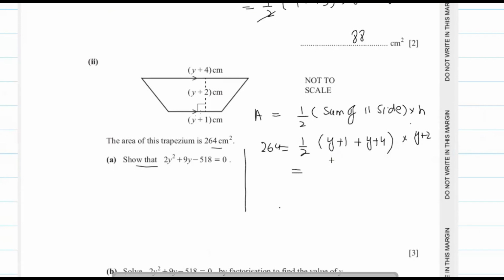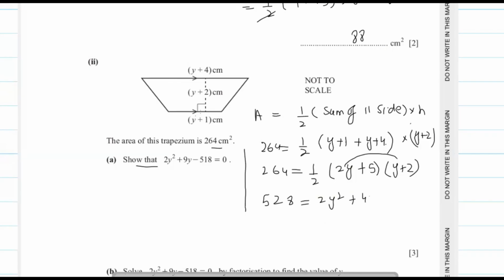And we will simplify this equation. We get 1 over 2 into y plus y is 2y, 1 plus 4 is 5, and this is y plus 2, equal to 264. We will multiply this value and we get 528 equal to 2y into y is 2y square, plus 2y into 2 is 4y, plus 5 into y is 5y, plus 5 times 2 is 10.